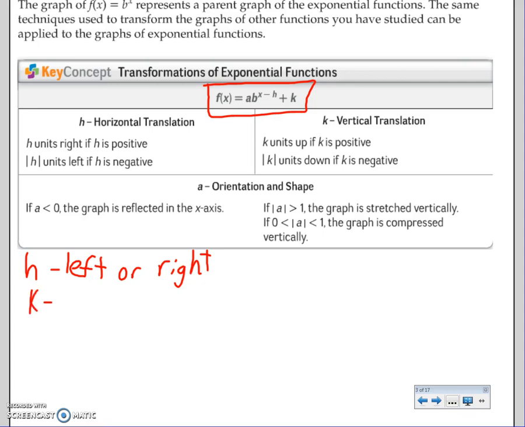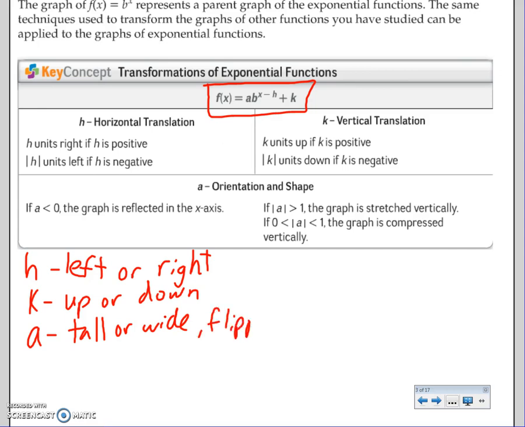K shifts it up or down. By the way, h is opposite, remember that? A is taller or wider. And then if a is negative, it's flipped. Flipped, or I'll say regular. Regular means it's not flipped.